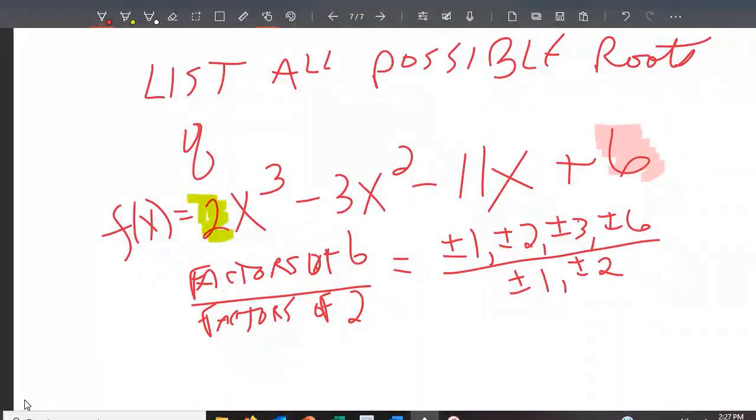Now, here's where you have to pay attention. I'm going to write it out the long way, then we can simplify. You're going to take each number in the top and divide it by each number in the bottom separately. So it would look like this.